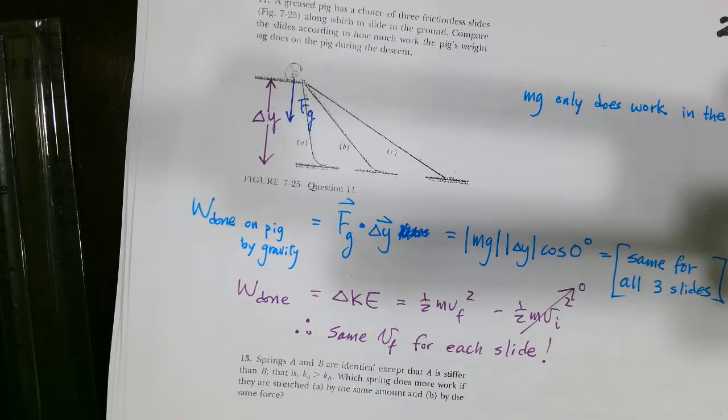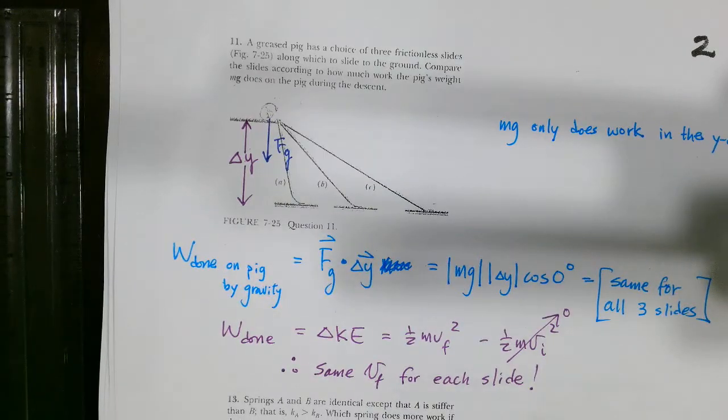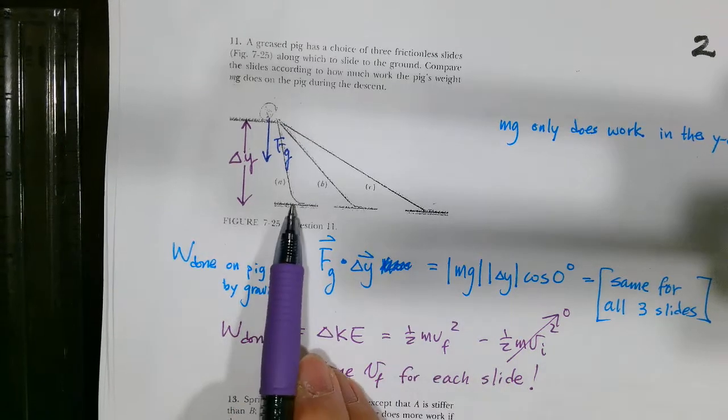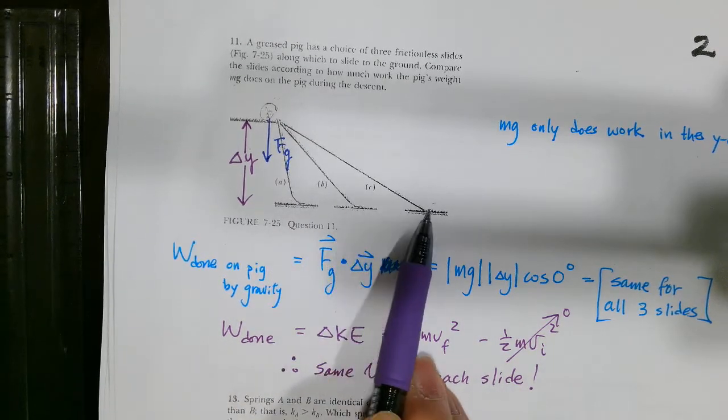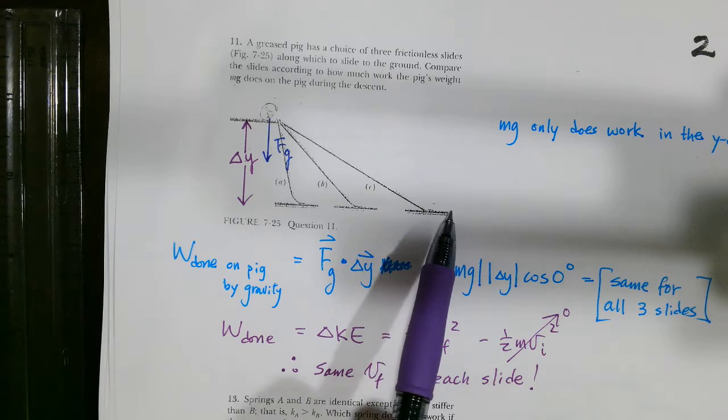Which one's going to be first, though? A, B, or C? Even though the speed is going to be the same for all three slides, which one's going to be the fastest?